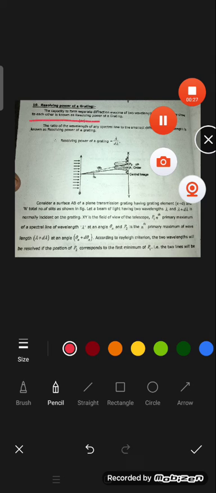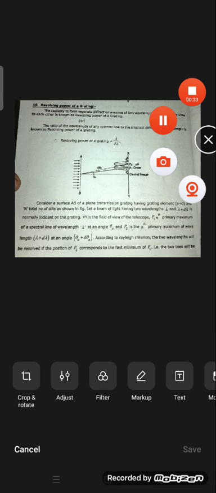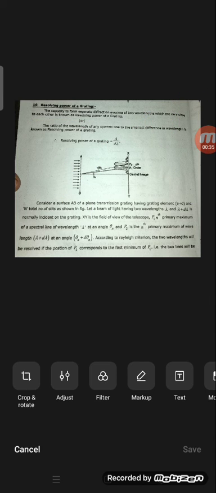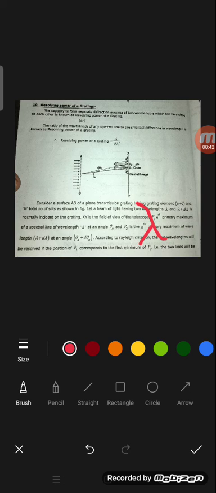The ratio of the wavelength of any spectral line, that is lambda, to the smallest difference in the wavelength, that is d lambda, is known as the resolving power of a grating. That is, the ratio of lambda and d lambda is nothing but the resolving power of a grating.